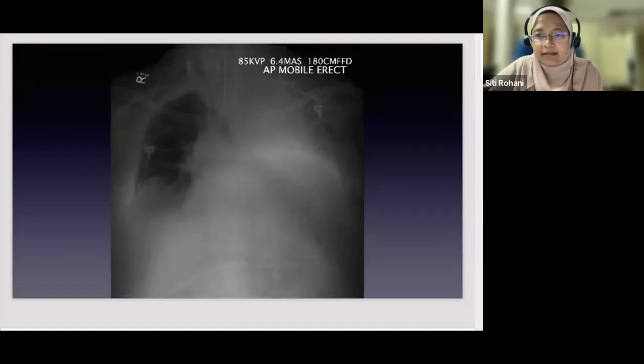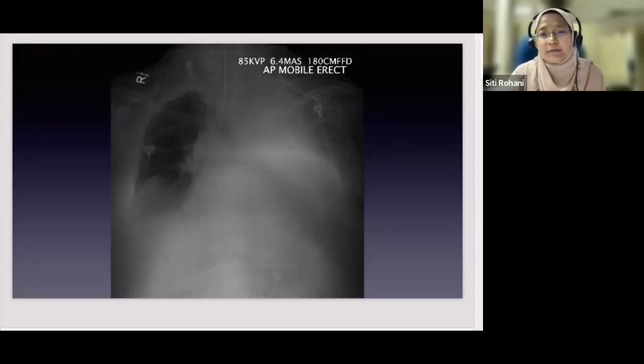I can see a few people in the auditorium. Are there any doctors, MOs, or housemen? Anyone just shout out the abnormality of the chest X-ray.